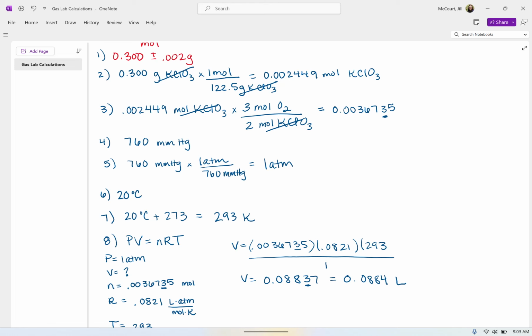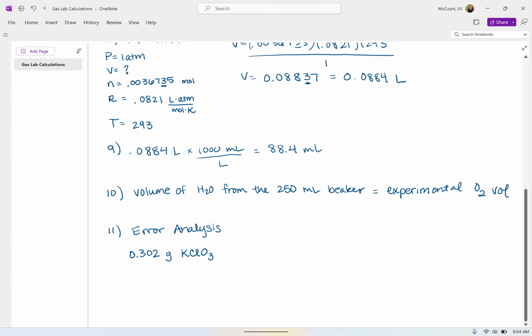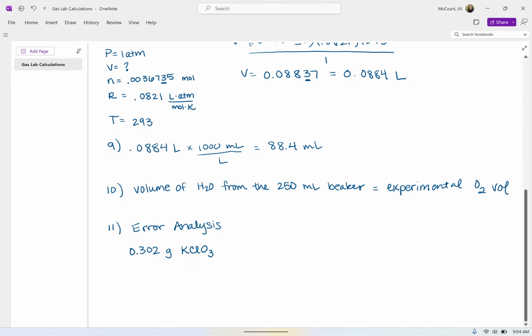When I do that, I get an answer of 88.9 milliliters, so 89 instead of 88. That's really, really small, right? So you want to make sure that if you're off by like 10 milliliters, it's not because this was weighed incorrectly.